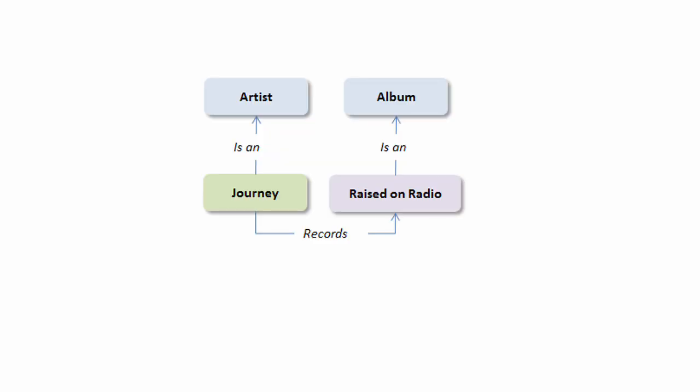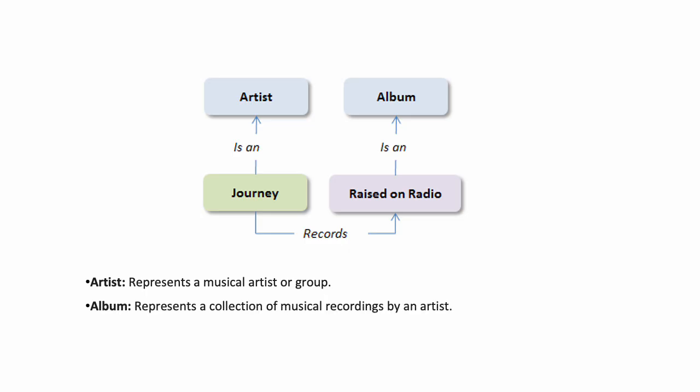Okay, let's move on to the next one. What kind of data model is this? Let's see, we have an artist as the core element, which represents a musical artist or group. And then there is an album, which represents a collection of musical recordings by an artist.